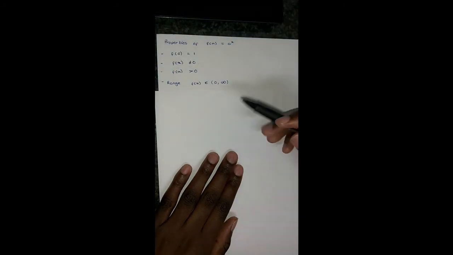Okay, and then the range is from 0 to infinity. We said it's greater than 0, so it will always be going upwards up until infinity. And then the domain is all real numbers. It can take any value of x. So an exponential function can take any value of x.